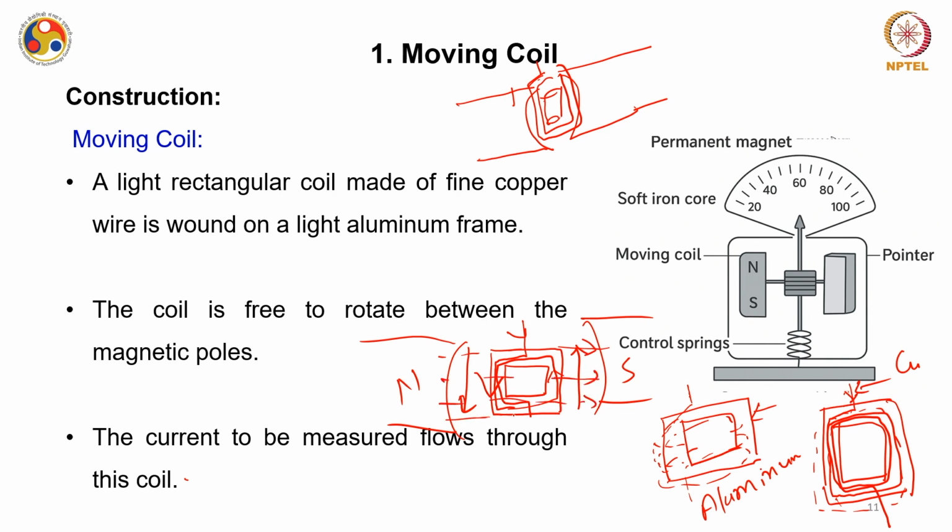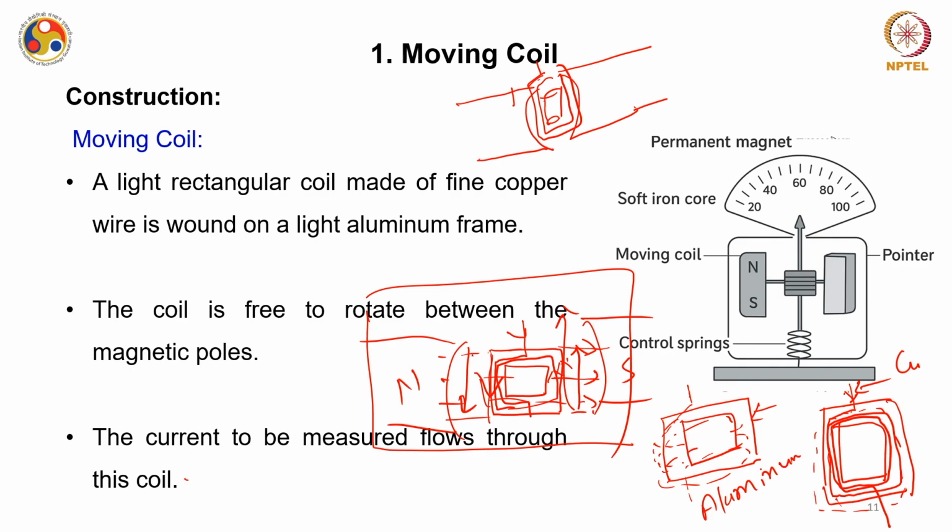So in this case, you have current flowing in this direction here and the opposite direction there. Since this is a current-carrying coil lying in a magnetic field, some force is acting on this coil.